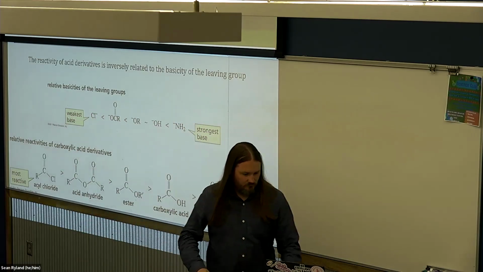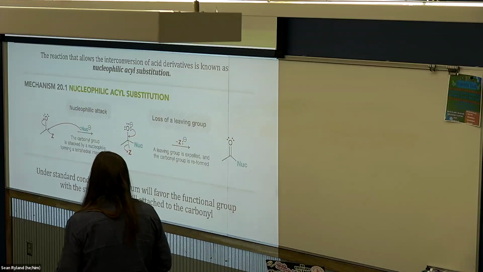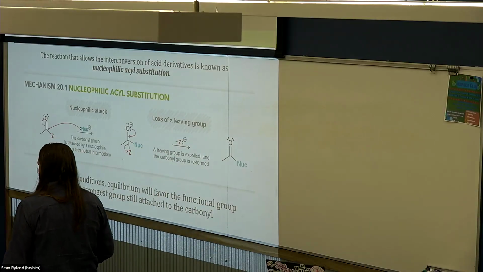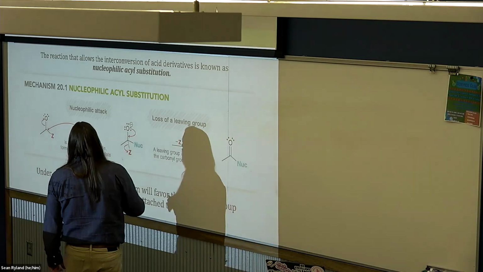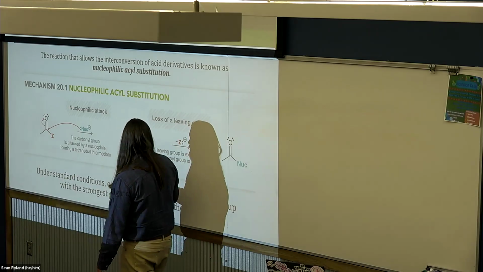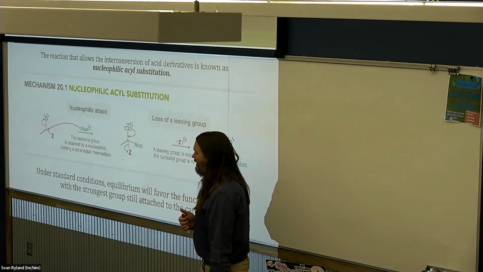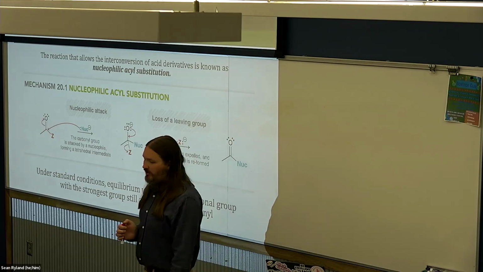Does it matter in this case whether the arrow is drawn from the lone pairs versus the negative charge? It always matters. I mean, it is most correct to show it as a lone pair coming back down to reform the pi bond. But we all know that a negative charge is a lone pair at this point.